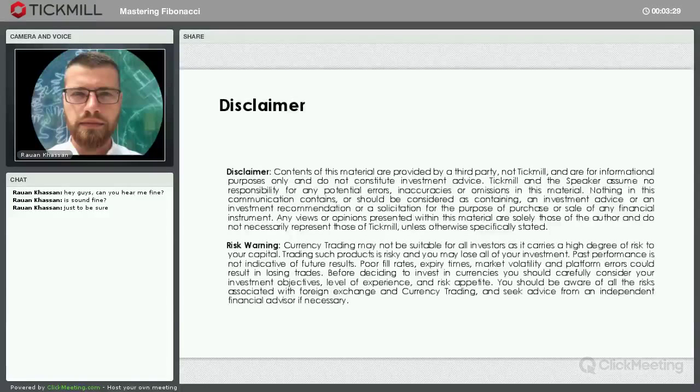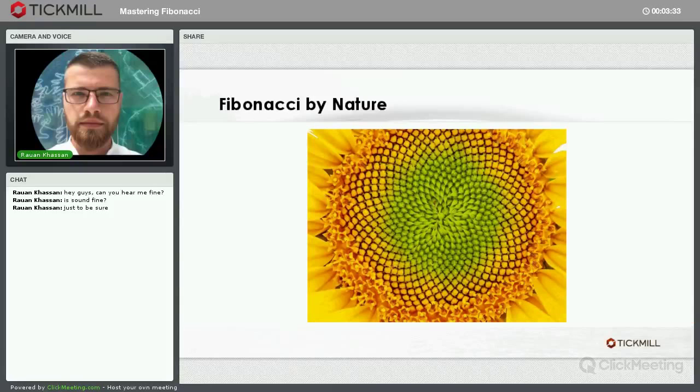Well, before we dig into finance and forex markets, I would like to give you a short introduction on the nature of Fibonacci tools. Here we've got a picture of a sunflower. If you look attentively, you notice that sunflower pieces are in a certain proportion to each other. That is the reason why it looks so beautiful.